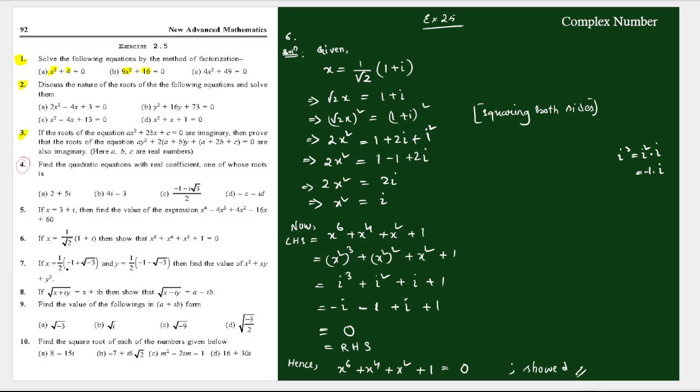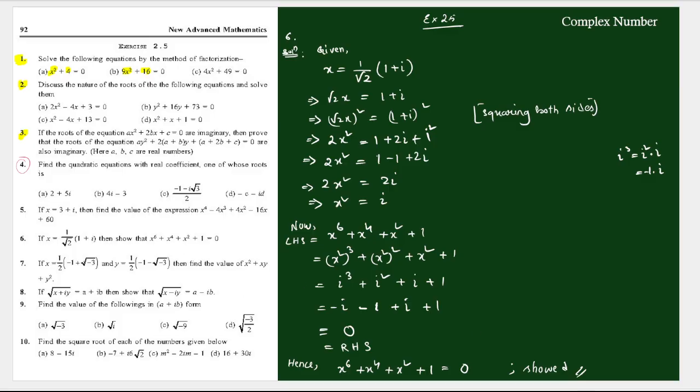This will be 1/4. After that we have to make a square plus b square. Oh, it will be tough. It will consume time. Squaring this, this is your a, this will be your b.